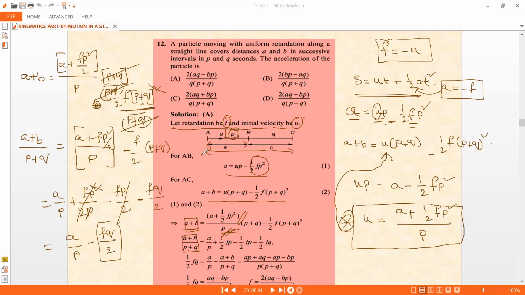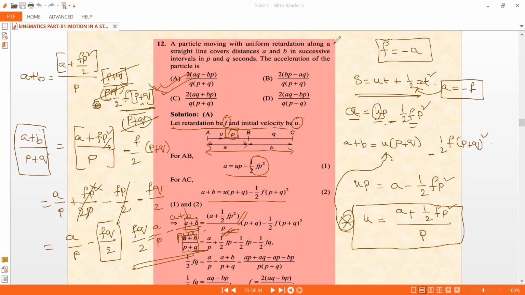So you can find f from this. So fq by 2 happens to be a by p minus (a plus b) by (p plus q). And then after that, a small workout will give you the answer. So that's the answer.